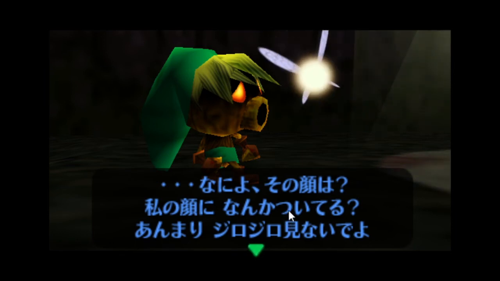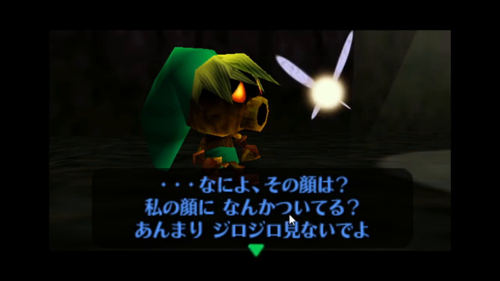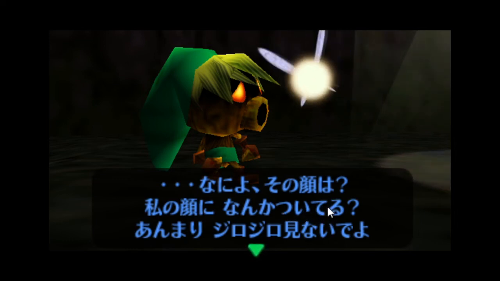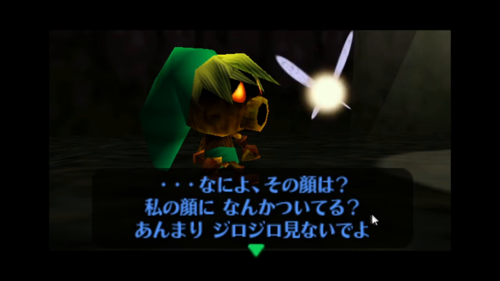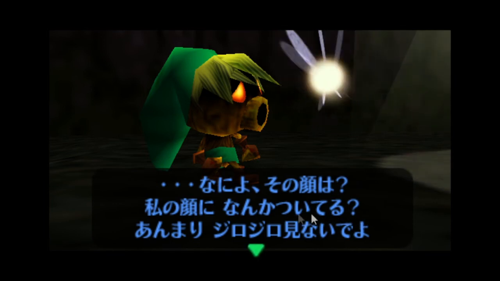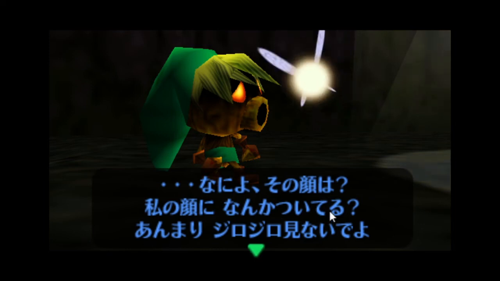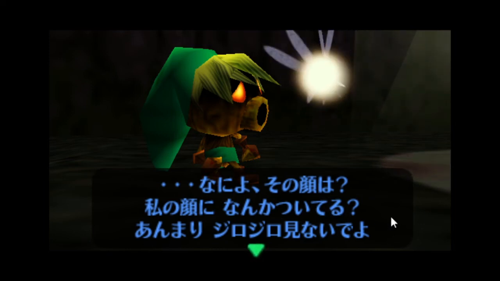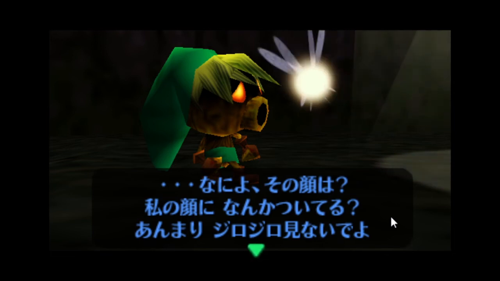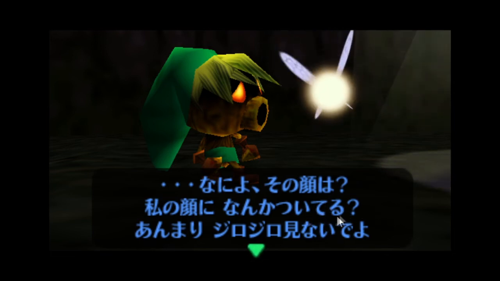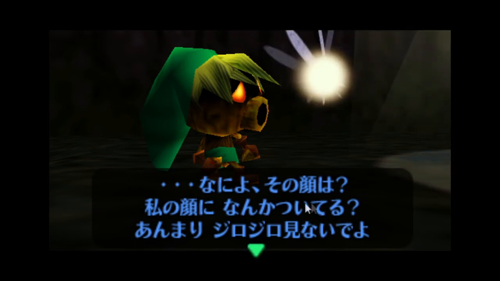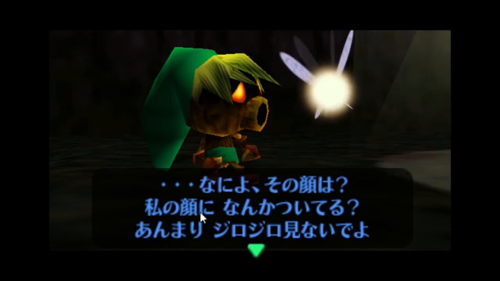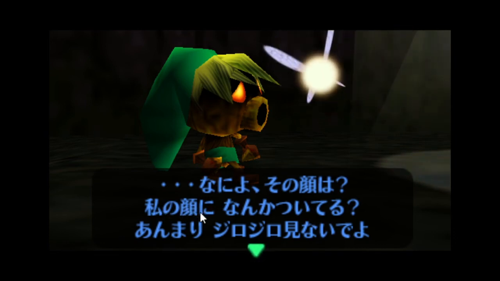And this is tsuite, which is the te form of tsuku, tsuite. And then again, we've omitted the i in iru, just making it into kind of present continuous form. So it should be like nanka tsuite iru. But she's just speaking as normal people would. She's omitting the e. So does something exist in the state of being attached to my face? Is something stuck to my face? Is what she's saying.